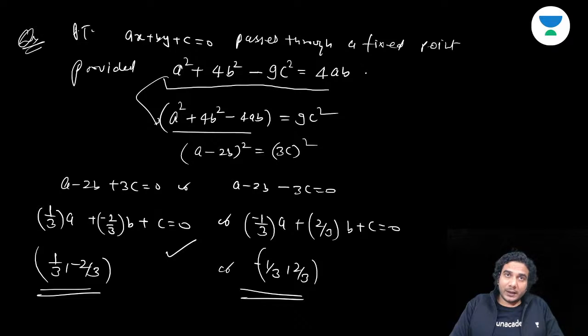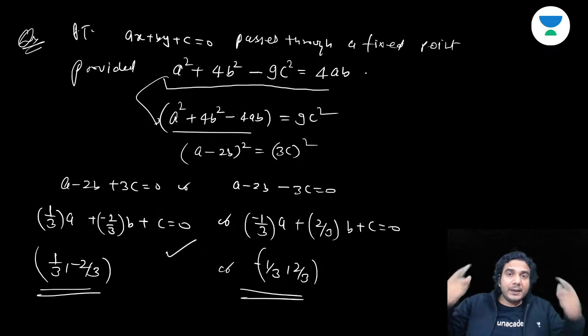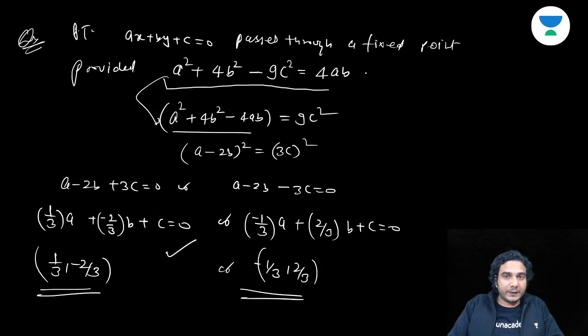So there will be a variable line, and if it is said that prove that this line passes through a fixed point, this is the statement. Just by reading this statement, immediately in your mind it should come that, oh, this is a question of family of lines. We need to apply family of lines in this question.